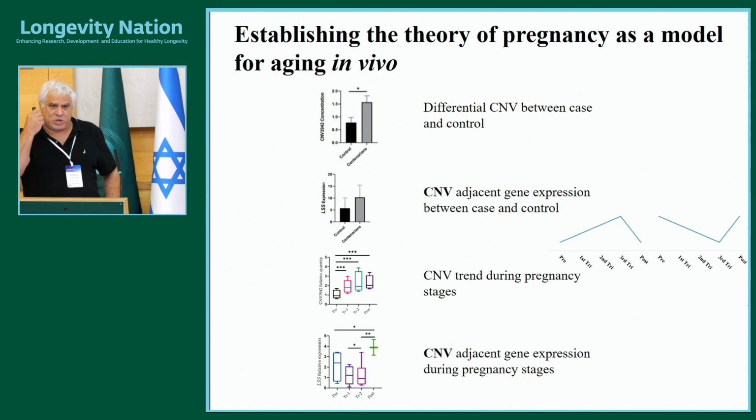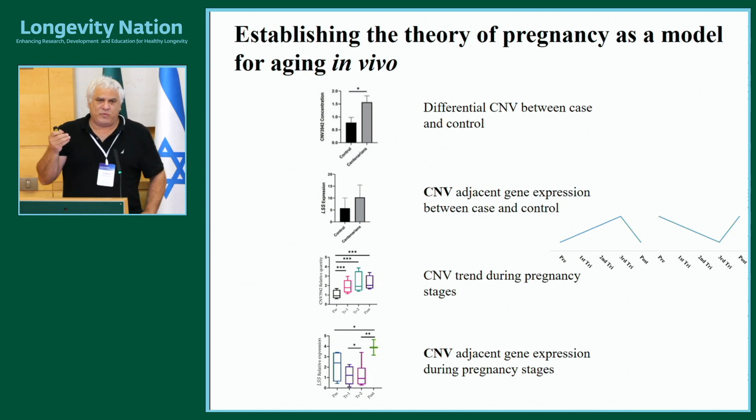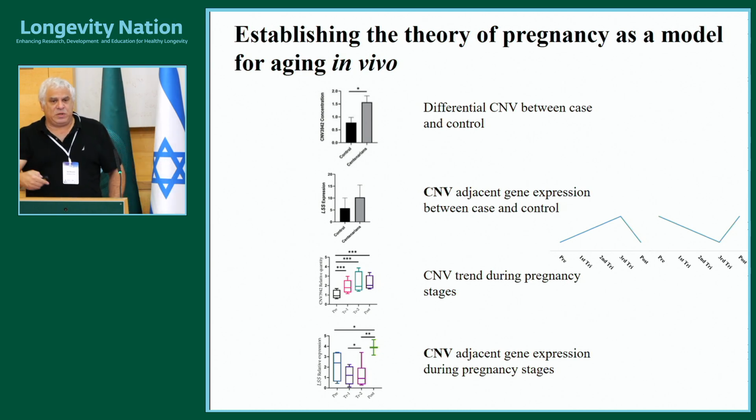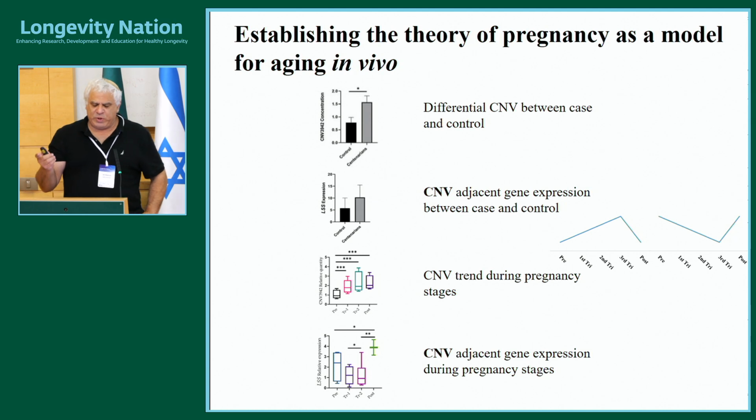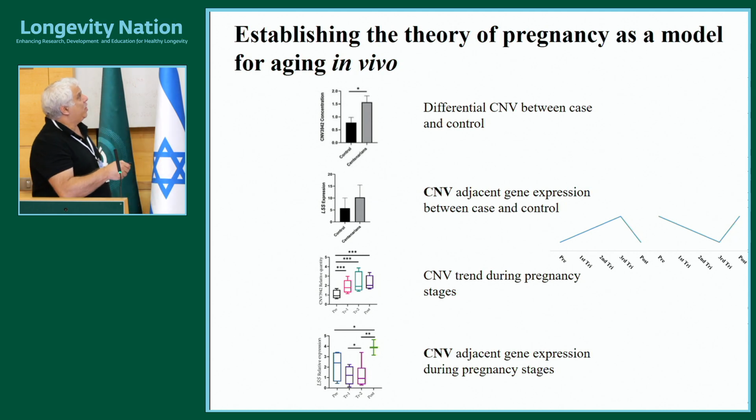The idea is to capture the degradation of those markers with the age of the pregnancy. So what you can see is the CNV trend during the pregnancy stage: within this locus, we see an increase and then somewhat of a decline, and this is more vivid when you look at the expression. It goes down and goes up after delivery.